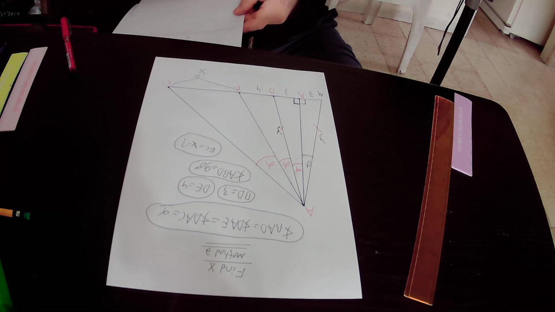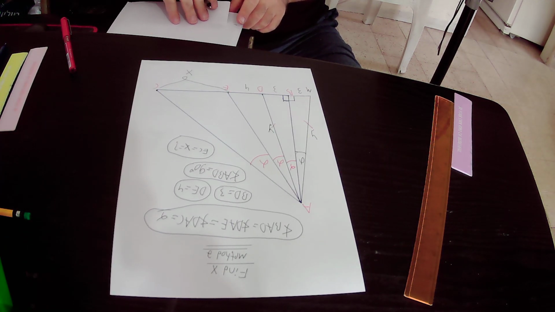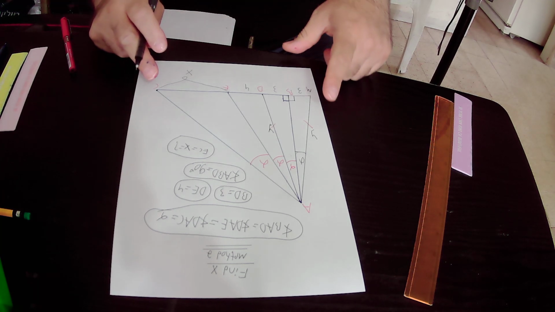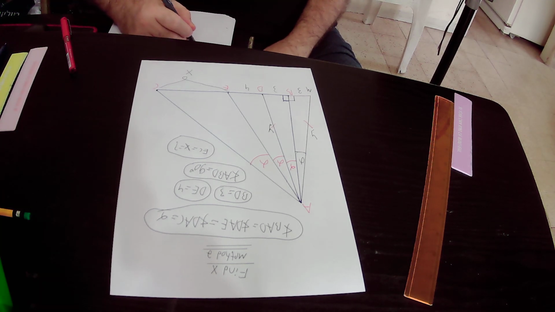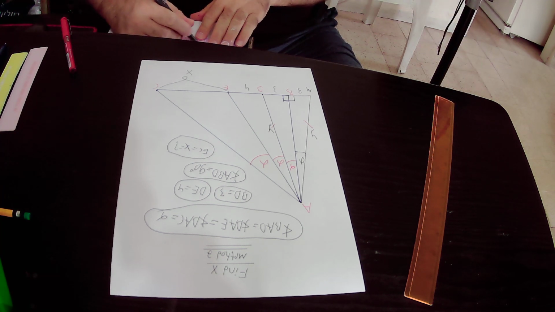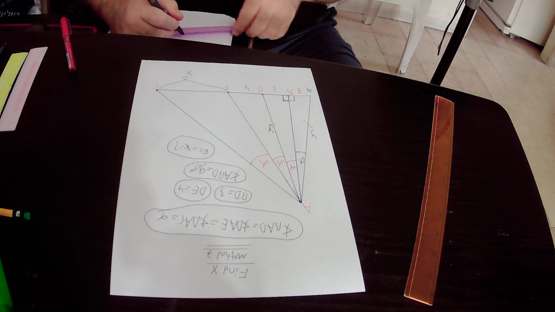So in the next step, we will focus on triangle AMC. So in the big triangle AMC, we know that AD is angle bisector.